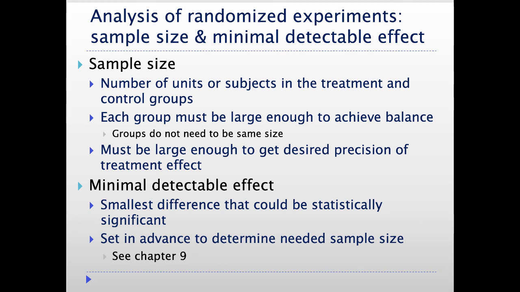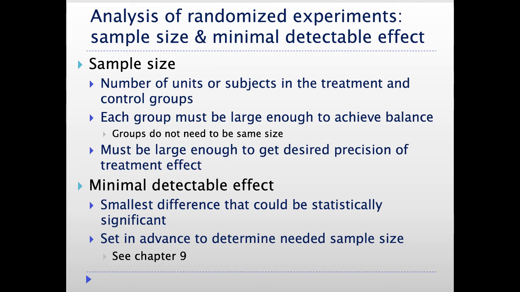So, you know, you've taken into account the sample size. You need each group, each arm of the experiment to be big enough to get precision, big enough to get balance, but you know, you can get some of your added precision of your treatment effect maybe by having a really large control group, much larger than your treatment group, if, for example, the treatment is really expensive to administer.